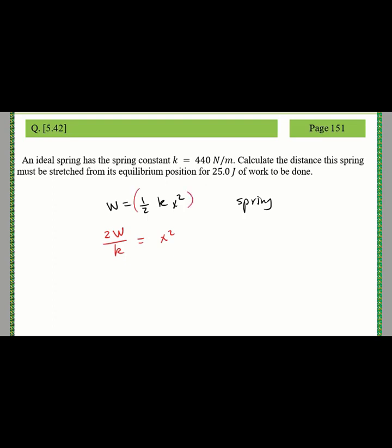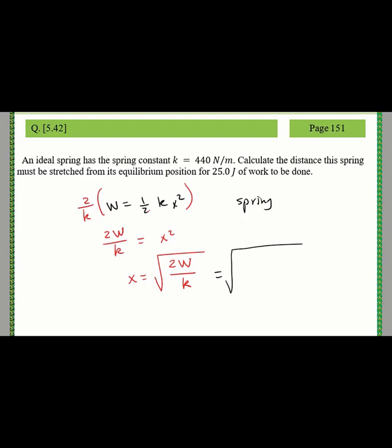I multiply both sides by 2 over k. Two W over k. Now 2 with half, k with k, and you are left with x squared. So now x equals square root of 2 work over k.